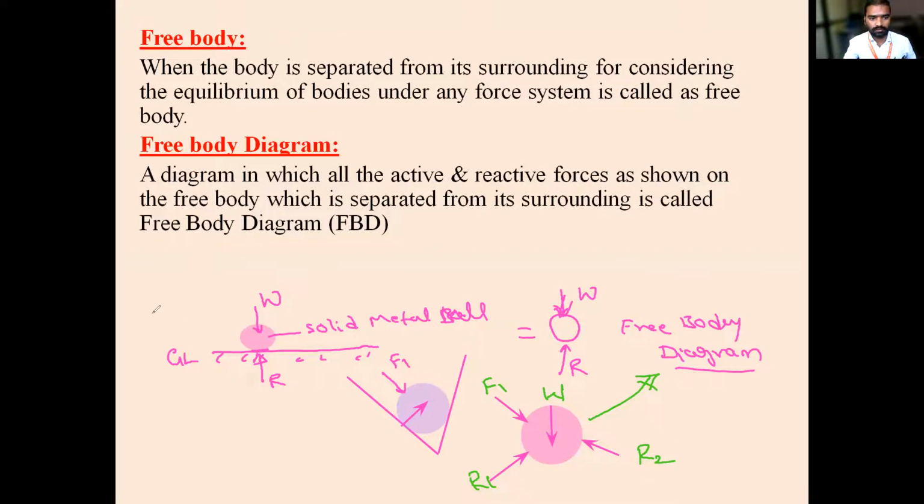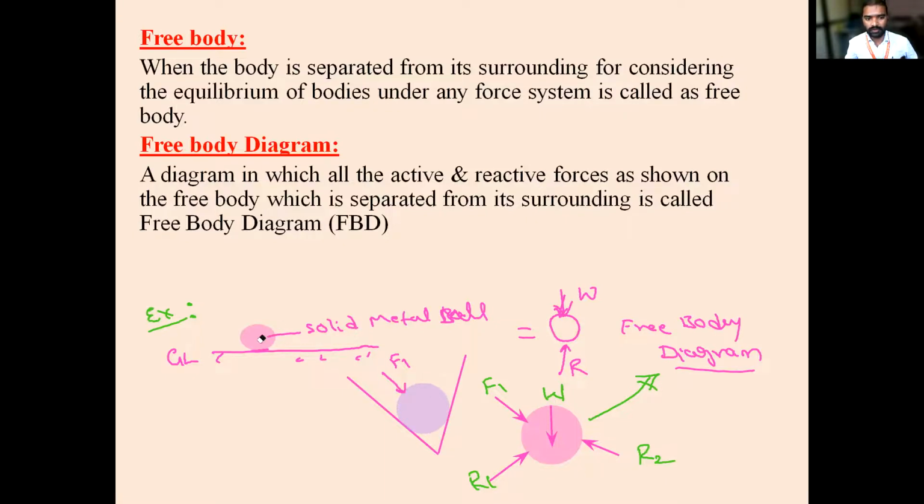So draw this example. Draw the ground level. Don't write these two. In the initial level there will not be any force. Just show it is a solid metal. In the free body diagram you can show all these two. So initially the body is here.